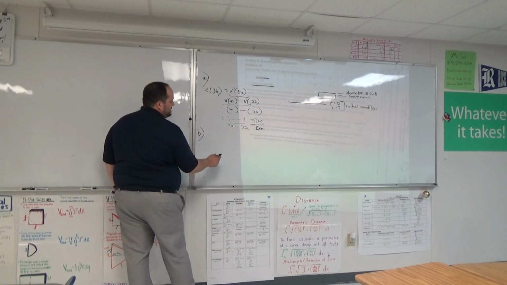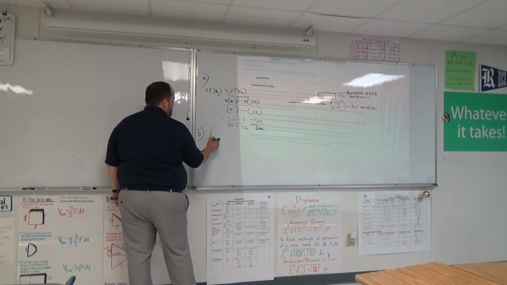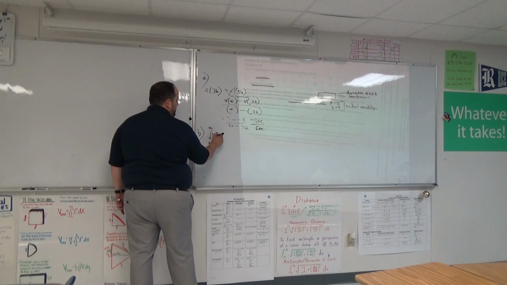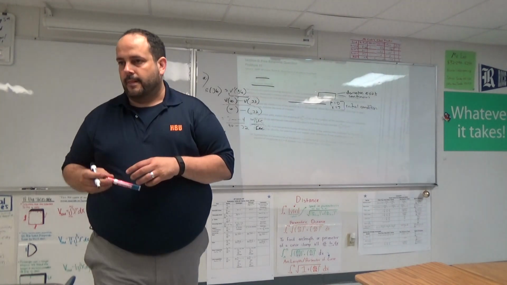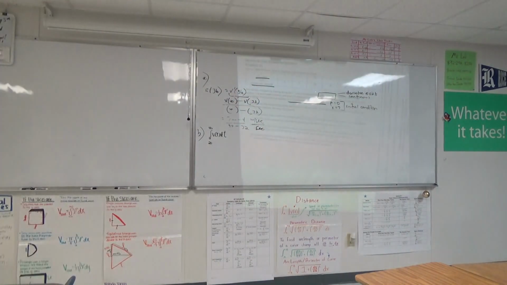Let me get out of your way and give you guys a little bit of time here. Okay, integral from 20 to 40. This is a 3-point question. I'll check back in with you guys in 1 minute. The distance from 20 to 40. Trapezoidal. So with 3 subintervals, so 40 minus 20, 20 divided by.